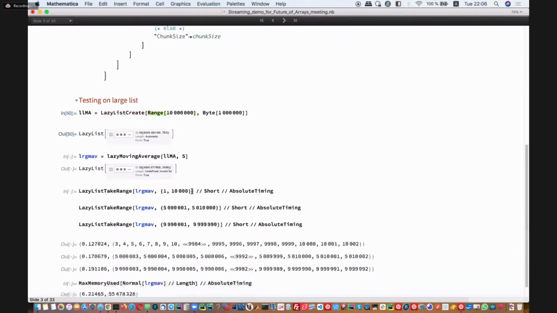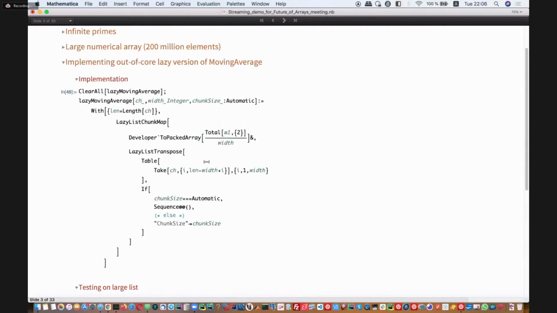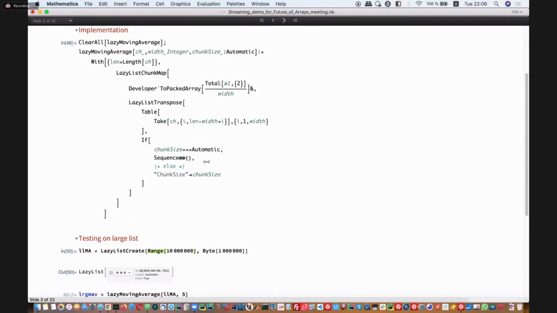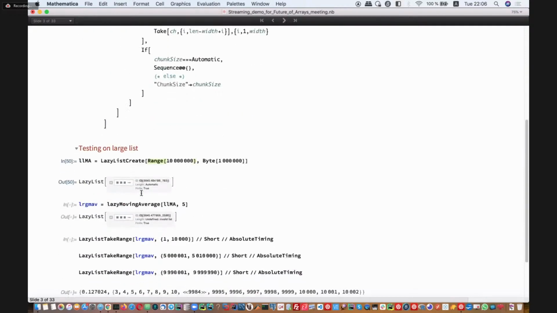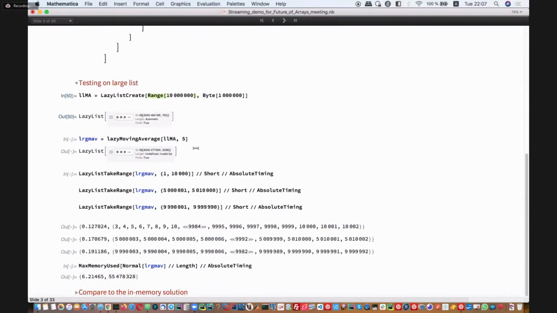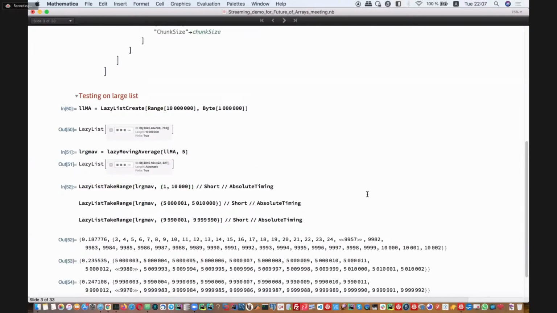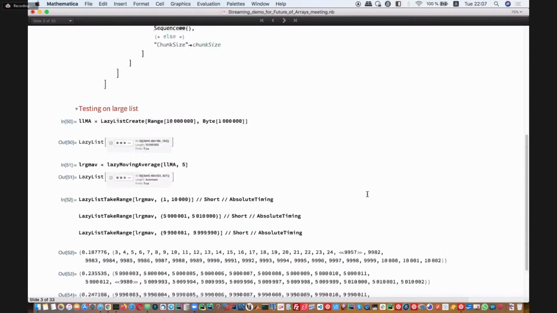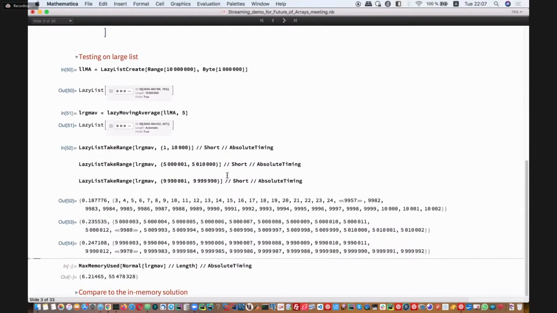So let me show what the point of this example is. Here is a reasonably concise implementation, and then I'm asking for the moving average with a window of 5. What this shows, hopefully, is that even though it's 10 million elements, because of the way a lazy transpose works, you don't have to compute the full lazy moving average to compute the parts you're interested in, like 10,000 elements from the start.